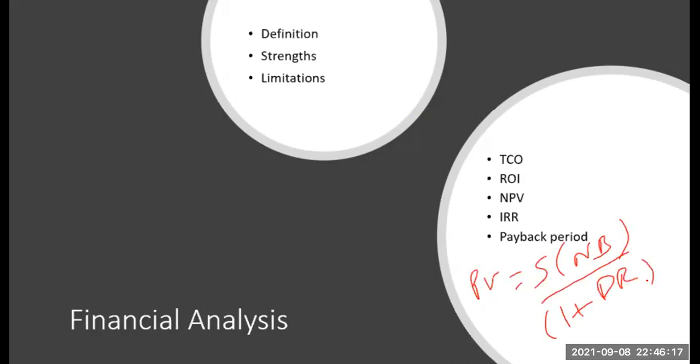It will be somewhere around 900 once you discount it. You use the discount rate to calculate the present value, and the discount rate is nothing but your risk-free interest rate, typically the interest rate on government bonds. That is the rate that you will use to compute.